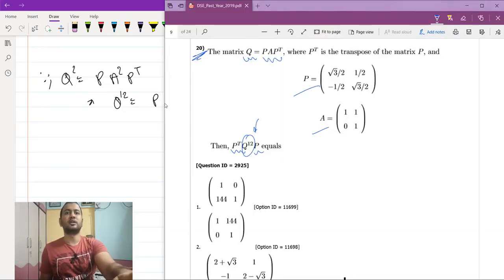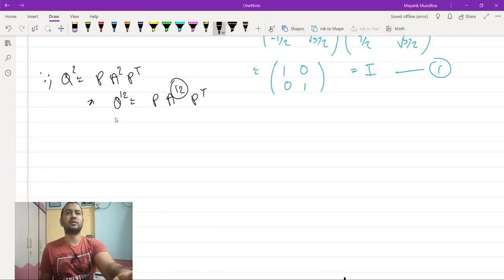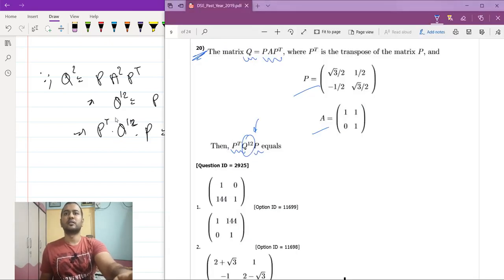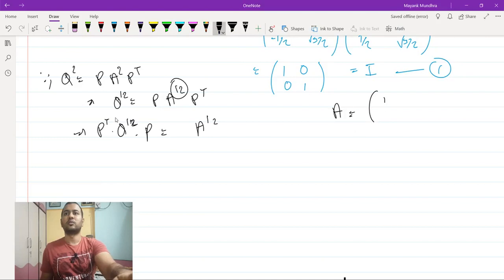Now what we have been asked is P transpose Q to the power 12 P. So this implies P transpose into Q to the power 12 into P would be just A to the power 12, and remember that the matrix A is 1 0 1 0.